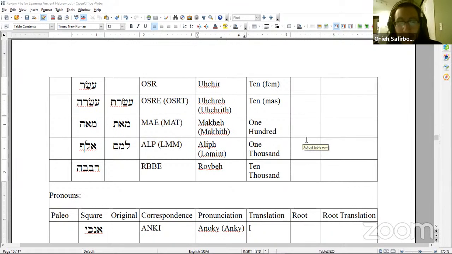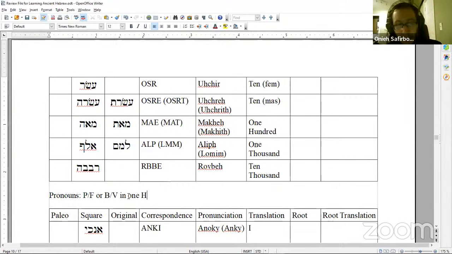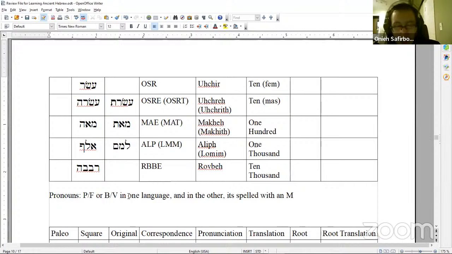Basically, what happens between Akkadian and Hebrew is that certain words are spelled with a P or B, or P/F or B/V in Hebrew, in one language, and in the other it's spelled with an M. To give you an example from later times, the Hebrew Bible, Old Testament, we have Nimrod, but the Septuagint, the Greek, has Nimrod.